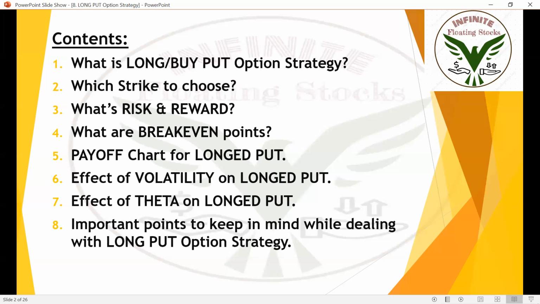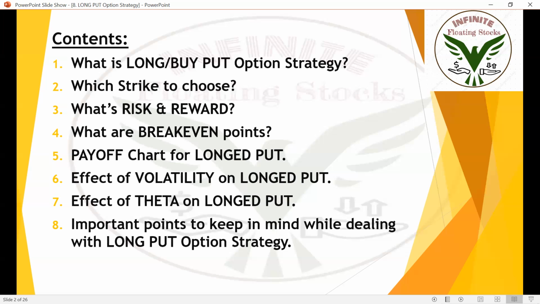If your target is getting hit very late, then theta will have a negative impact on your long calls and long puts. So I'll help you understand the effect of theta on the long put strategy in this session. And I'll be telling you a few very important points that you need to keep in mind while dealing with the long put option strategy.